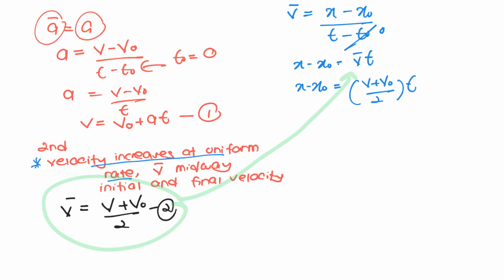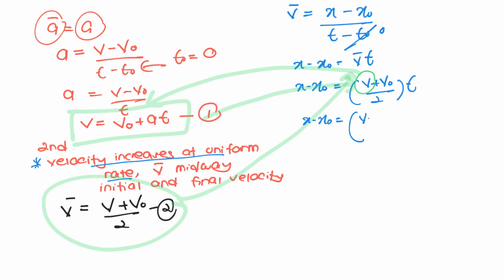Next we are going to put in the v, taking it from the first equation. You insert this v into the formula, so you get x minus x naught equals (v naught plus at plus v naught) over 2 times t.